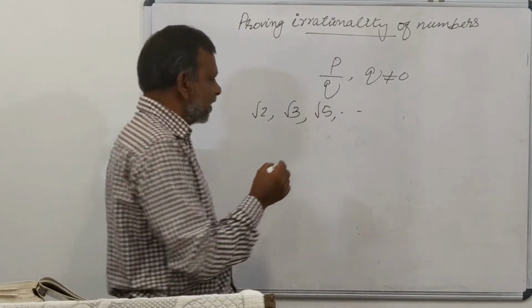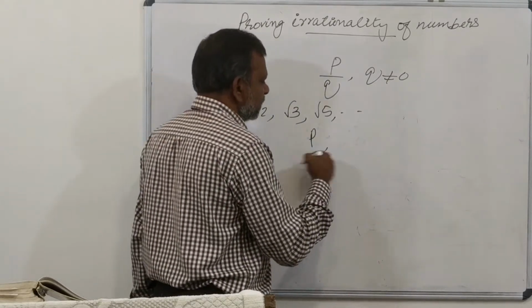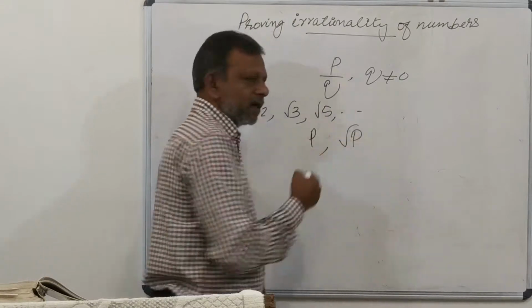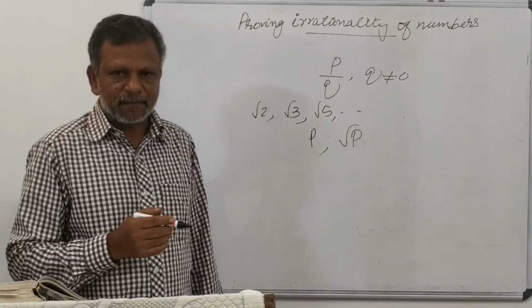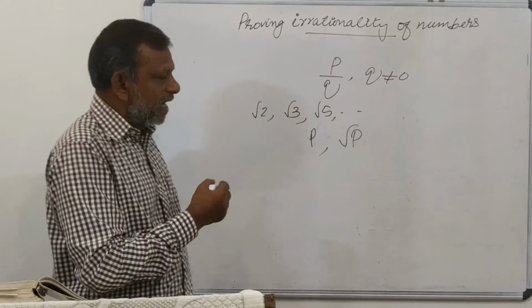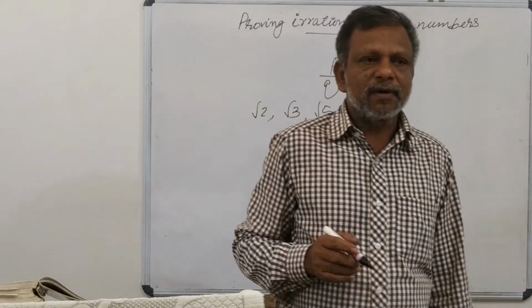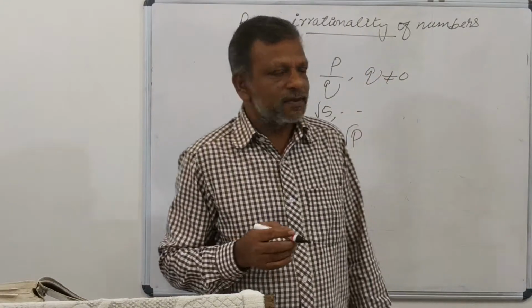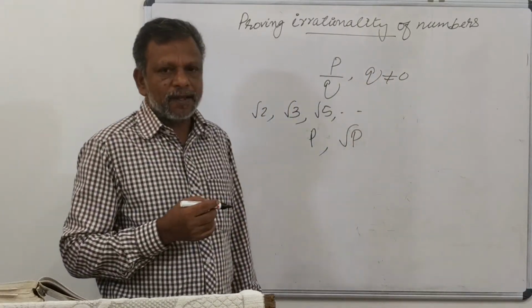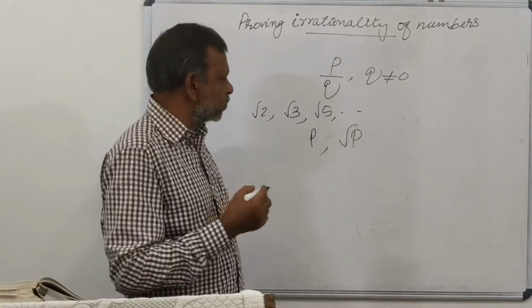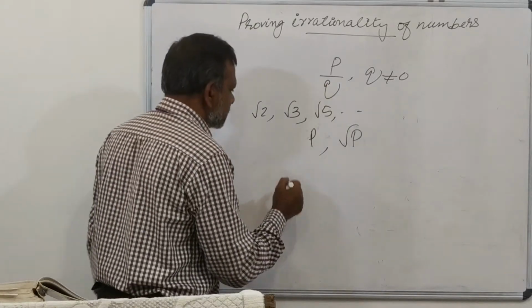For any prime number p, root p is an irrational number. This irrationality of numbers can be proved by the method of contradiction. Let's see how to prove root 2 is an irrational number.